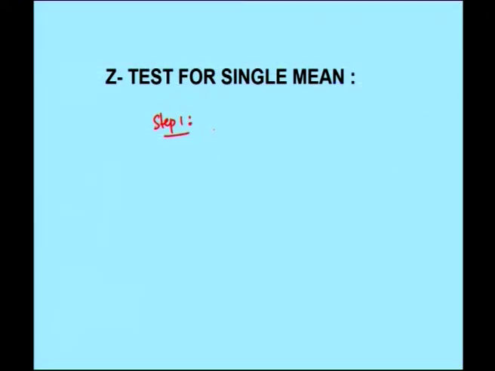Step 1 is setting up H naught. These are all standard statements. H naught is set up as mu is equal to the population value, which is taken from the question. Then step 2 is H1.